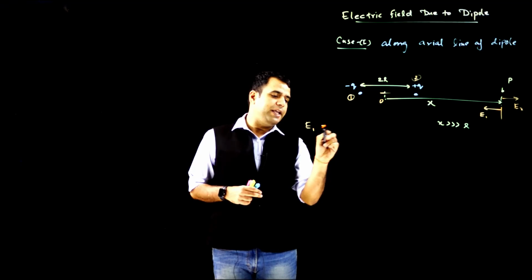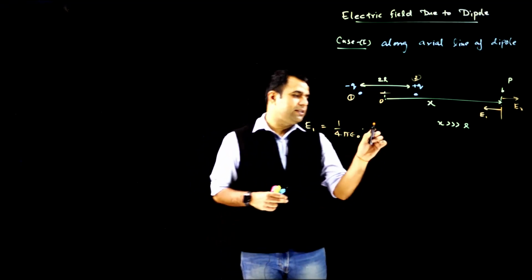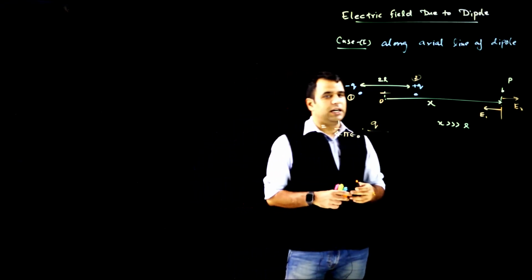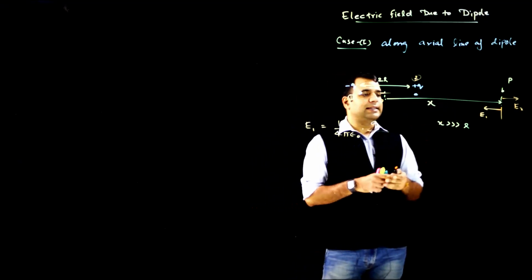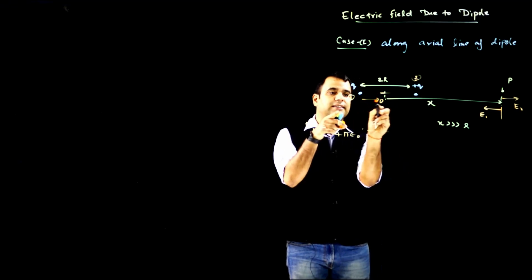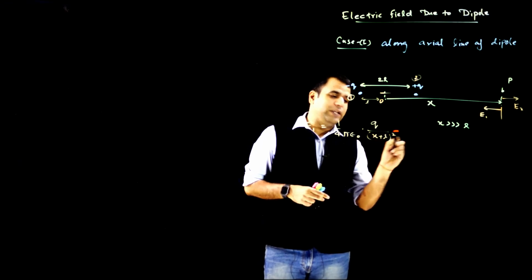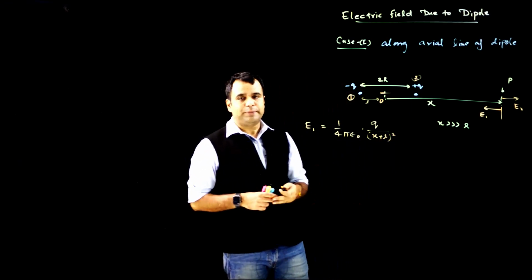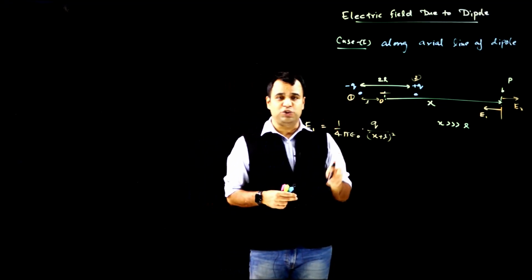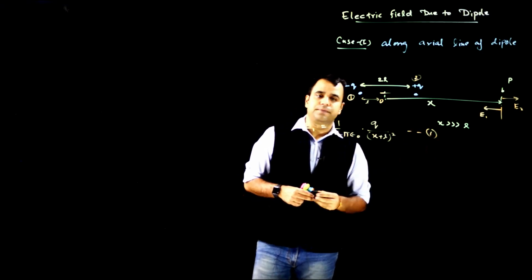Now let's write the magnitudes of E1 and E2. E1 equals 1 upon 4 pi epsilon naught, magnitude of charge divided by the distance squared. Point P is at distance x from the center, and this distance is L, so the distance is x plus L, whole squared. That's the formula 1 upon 4 pi epsilon naught q upon r squared, where r is the distance of the point from the charge, which in this case is x plus L. This is equation 1.